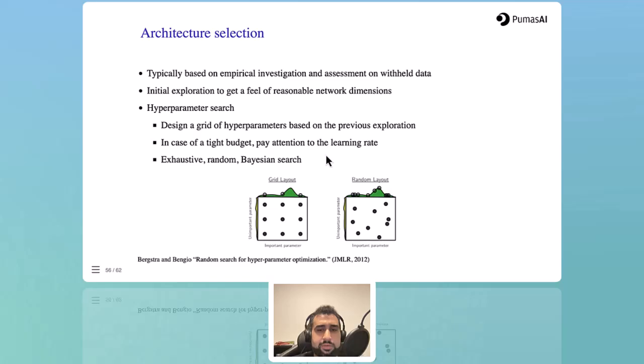There's a lot more to say about architecture search and hyperparameter selection, and we will revisit this again in the actual case tutorials that we have. But that gives you some basic idea about what the different strategies available are. Hopefully.